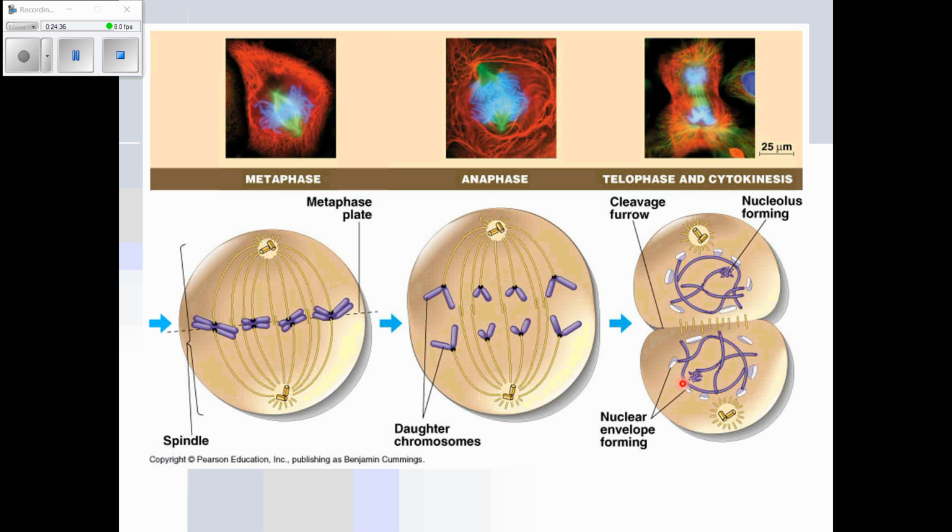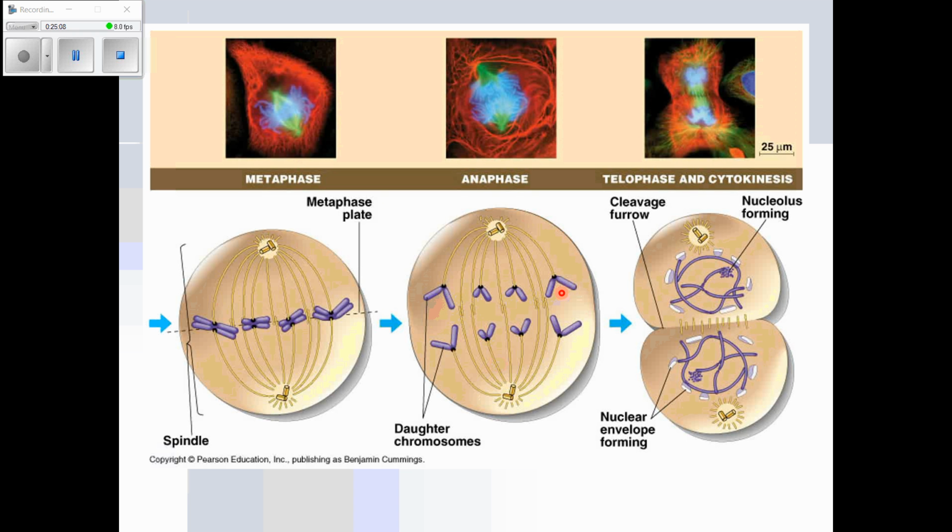When the cell splits, the number of chromosomes per cell will go back to the original number, which in this case will be 4. So just to be clear, if this was a human cell, there would be 46 chromosomes in a straight line in metaphase. So if this was a real human cell, how many chromosomes would we have in the anaphase cell? If you said 92, you are correct.